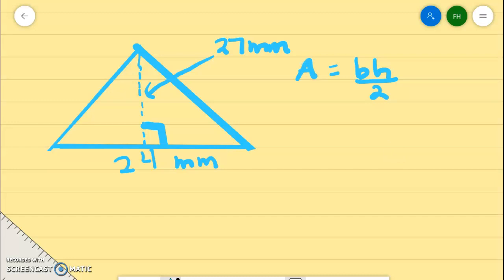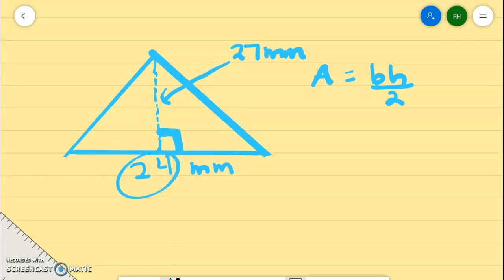Now the height is the line that goes from the top of the triangle down to the base and makes a right angle. So those are your two numbers.